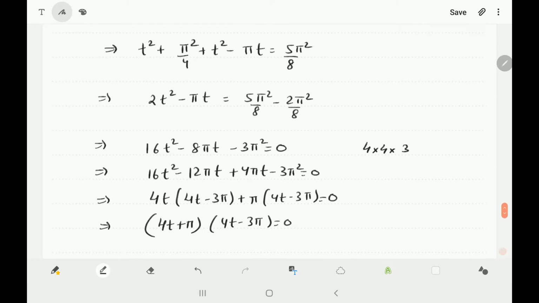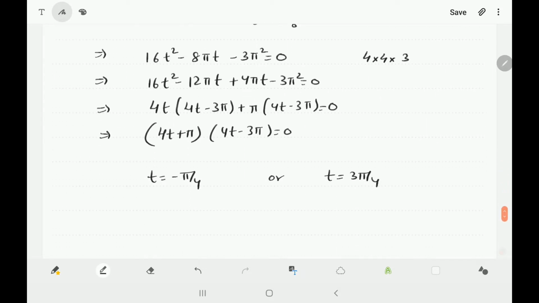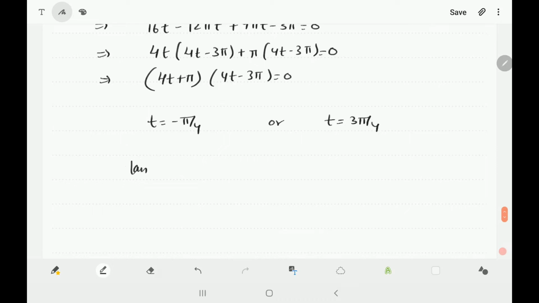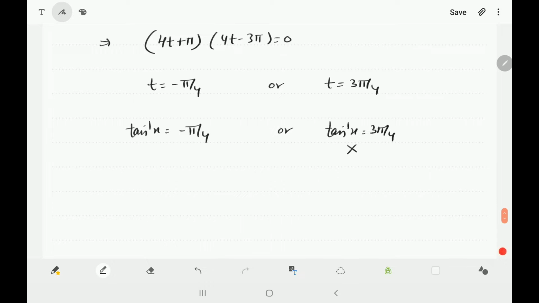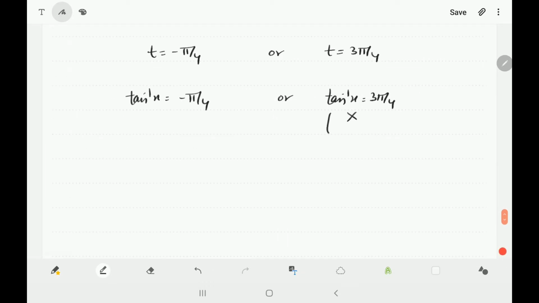Now our t was tan inverse x. So tan inverse x is either equal to minus pi by 4, which is possible, or tan inverse x is equal to 3 pi by 4, which is not possible because the range of tan inverse x is from minus pi by 2 to pi by 2 open interval. 3 pi by 4 is greater than pi by 2. So x from here will be minus 1.